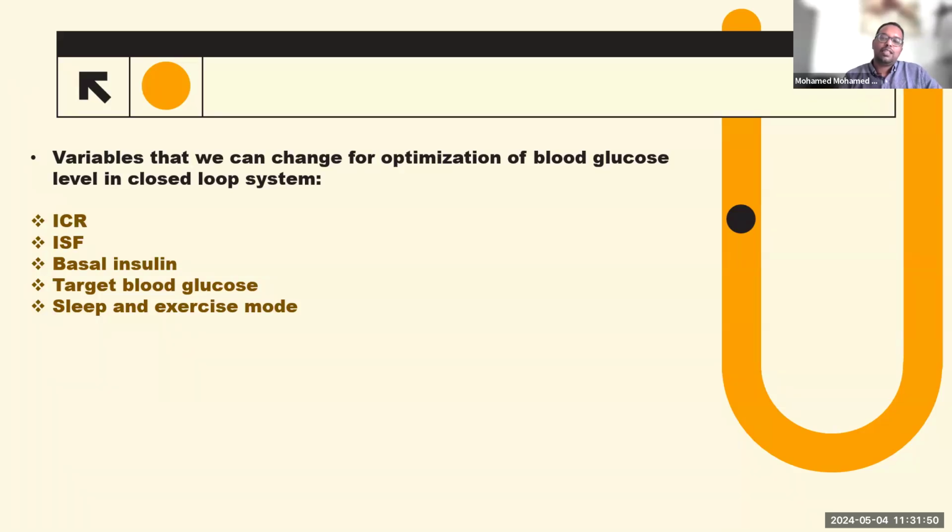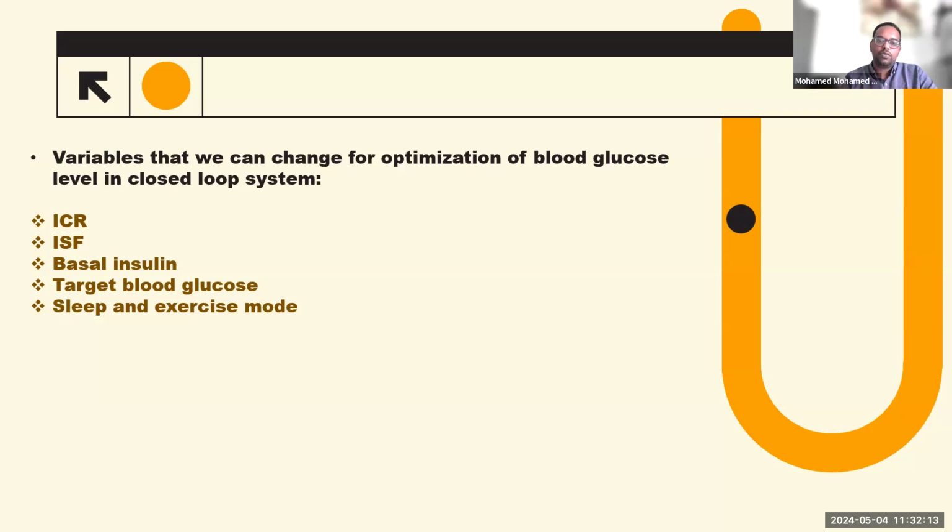The sleep mode does the opposite. The sleep mode is basically to prevent overnight hypoglycemia, low blood sugars. So when you go to sleep mode, your basal insulin delivery goes down a bit to prevent you from going hypoglycemic.